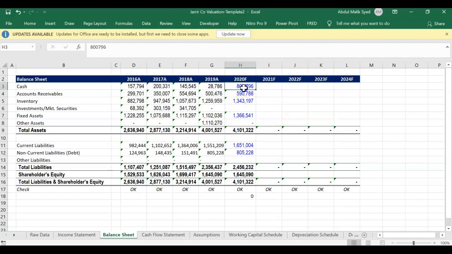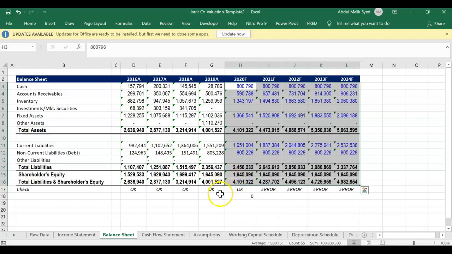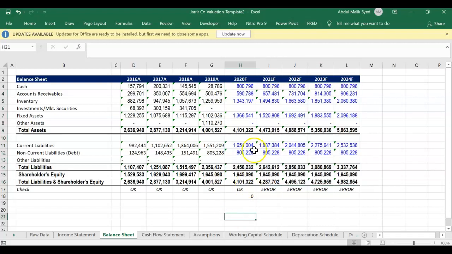So let's copy this. This has to be removed because that will be the balancing figure. This one is more than this.